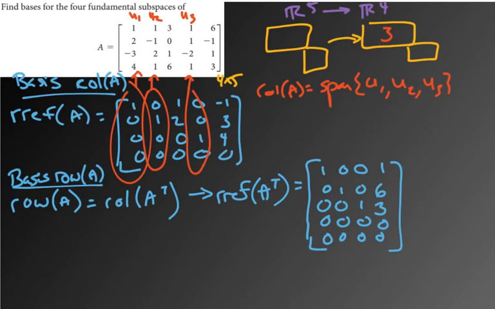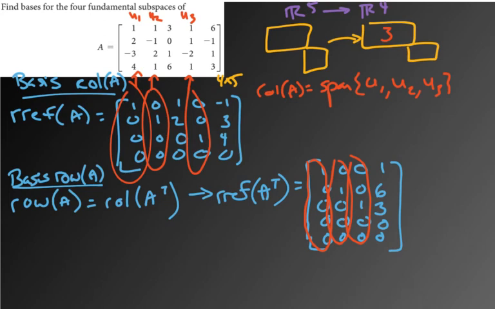I'm going to pull out this, and this, right? And so those first 3 columns in the transpose is what we can use as a basis for the row space of A.